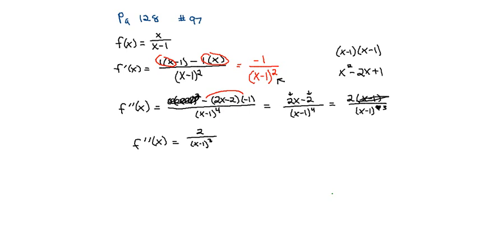And that is completely simplified, and that's all we're supposed to do. So that's the end of number 97.